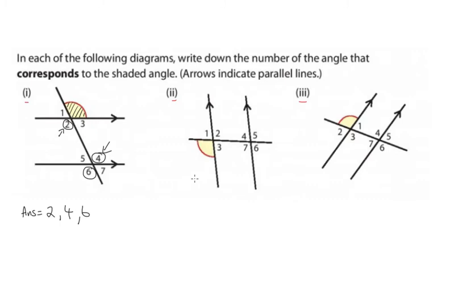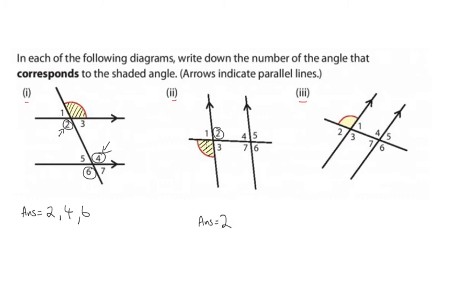So I'll do another one over here. We have our shaded angle, and this angle is equal to this angle because they're opposites. So that means that our first answer is 2.